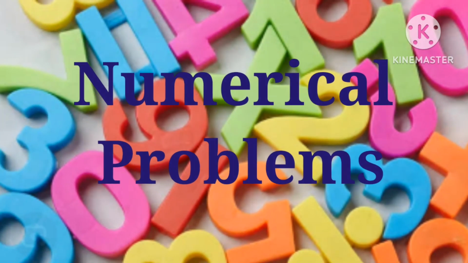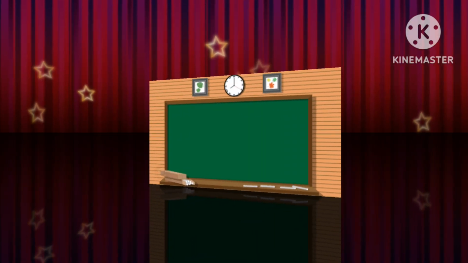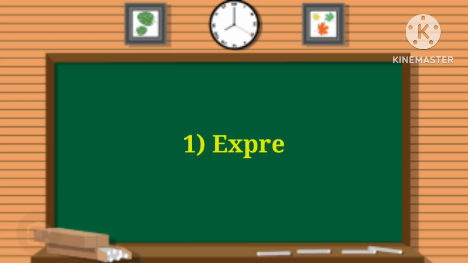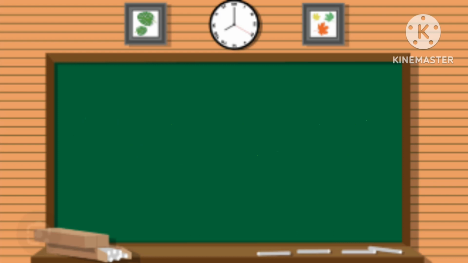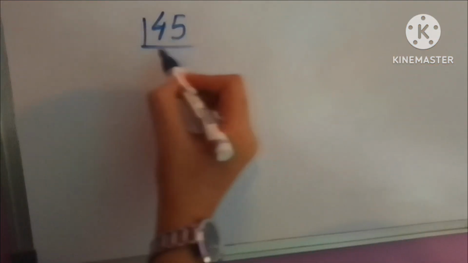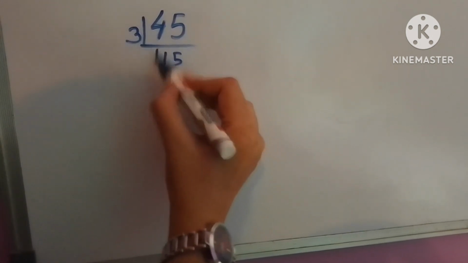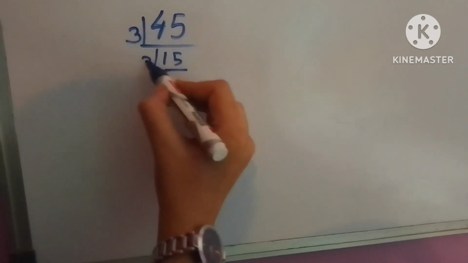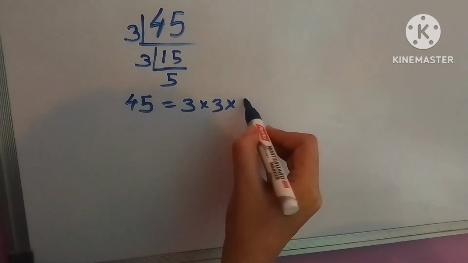Let's solve some numerical problems based on ratios. Our first sum is: express the ratio 45:60 in its simplest form. To do this sum, first of all we have to calculate the factors of 45 and 60, both the terms.